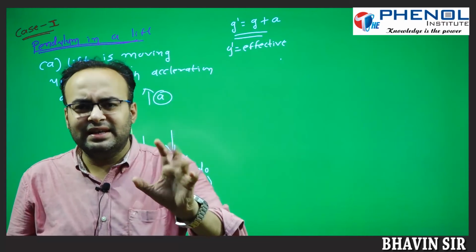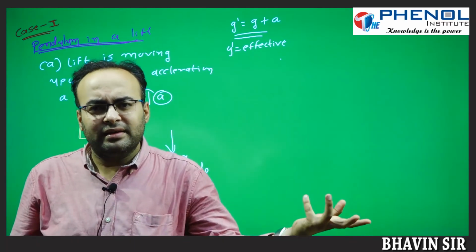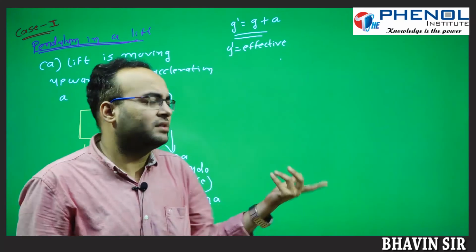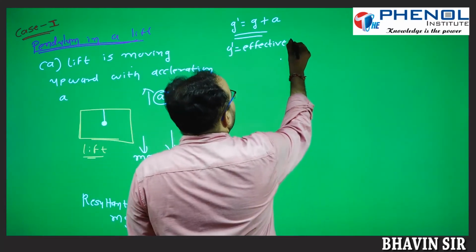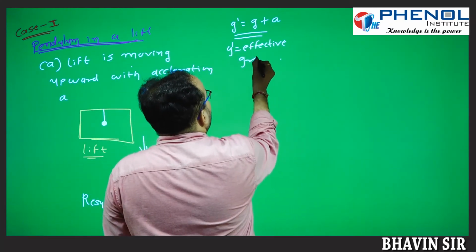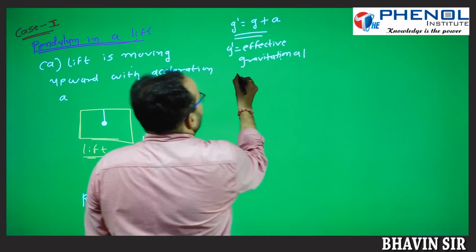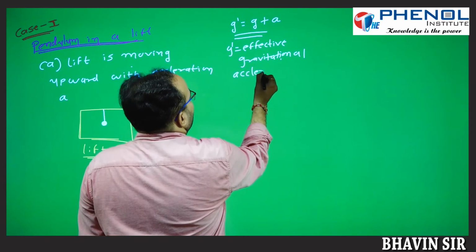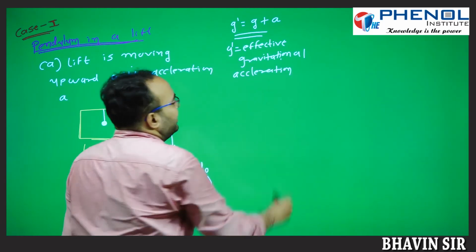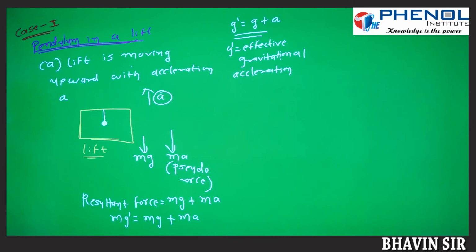If only g is there, then it is gravitational acceleration, but when there is more than one, it is known as effective gravitational acceleration.